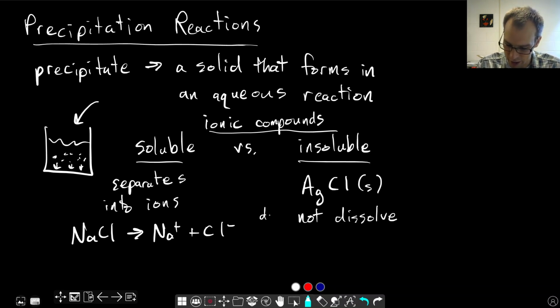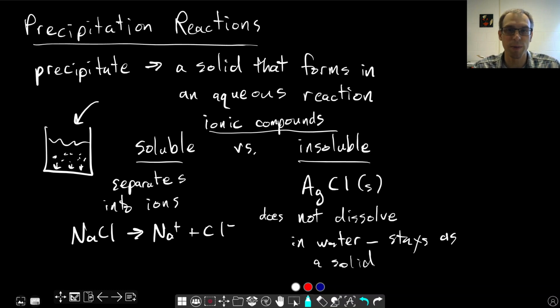So it does not dissolve in water, it stays as a solid. This difference between soluble and insoluble compounds is what drives precipitation reactions. In these aqueous reactions, we're often starting with two soluble compounds, we mix them together, and an insoluble compound forms, and a precipitate falls out of the solution.